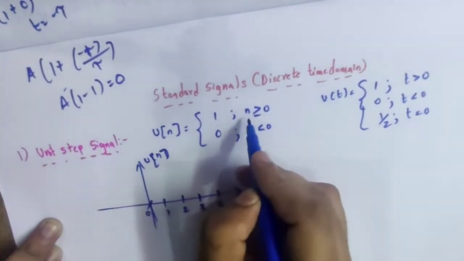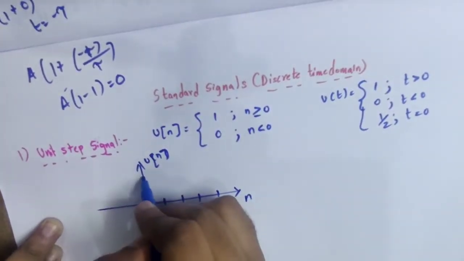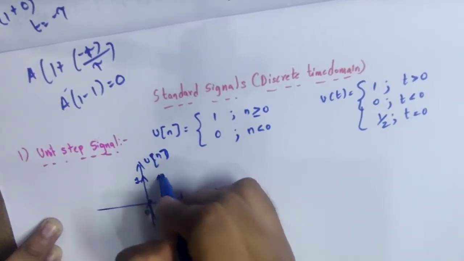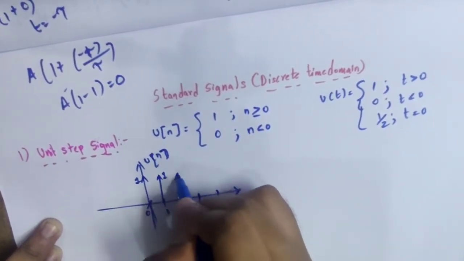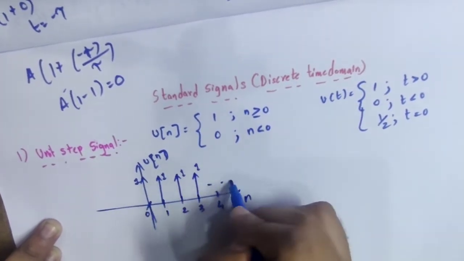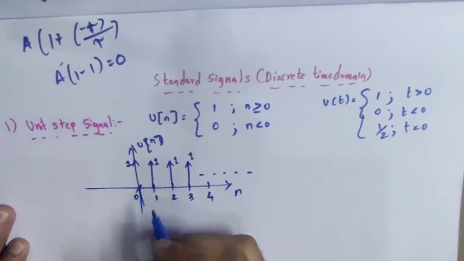So what is the amplitude at 0? Greater than or equal to 0, so this is 1. At 1 also it is 1, at 2 also it is 1, at 3 also it is 1, and so on. So this is our unit step signal in discrete time domain.